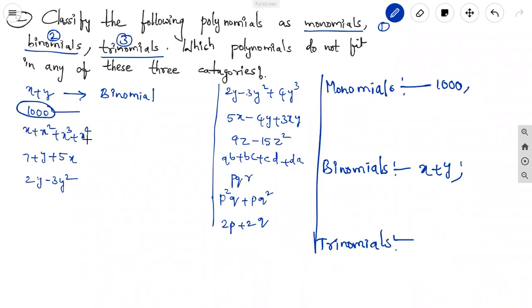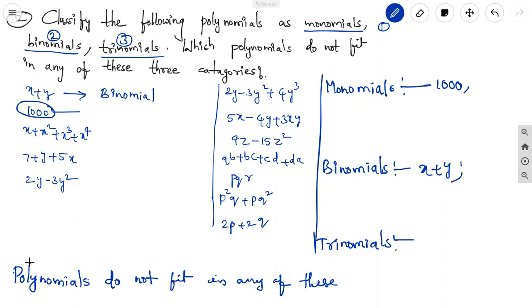1, 2, 3, 4 terms are there. Those with more than three terms are called polynomials. Polynomials do not fit in any of these three categories.